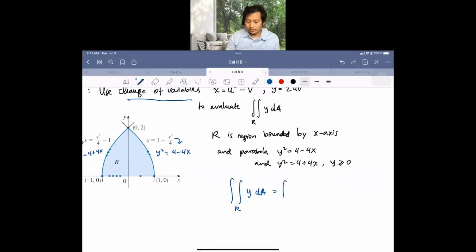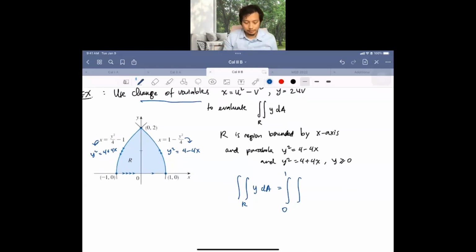Let's say we are going to have y from maybe 0 to 1. And then we have the x, right?